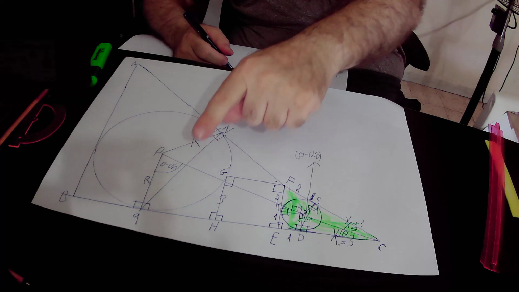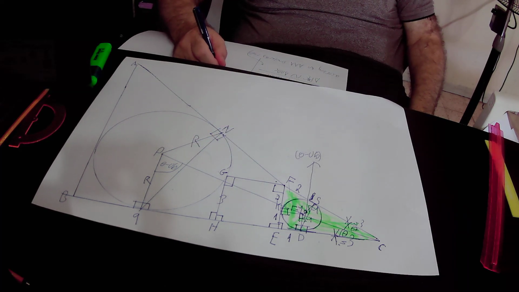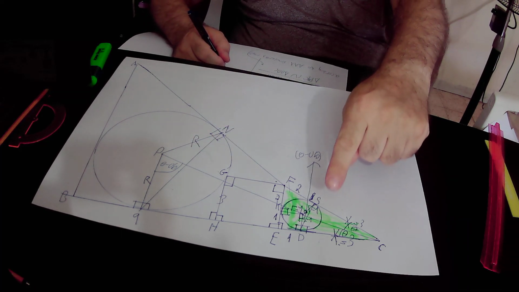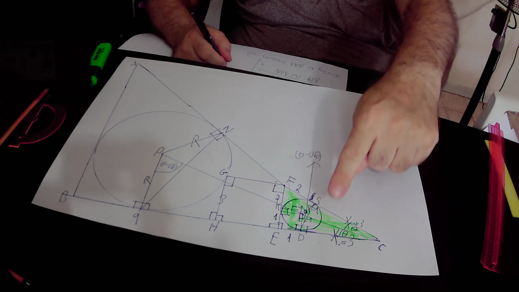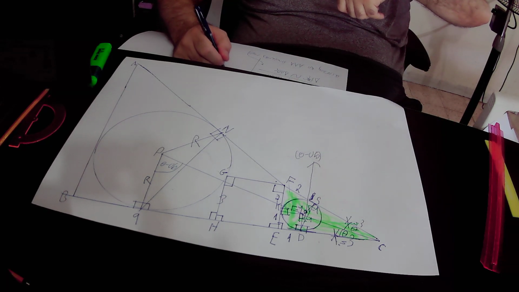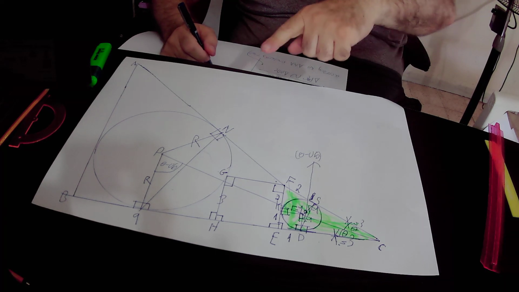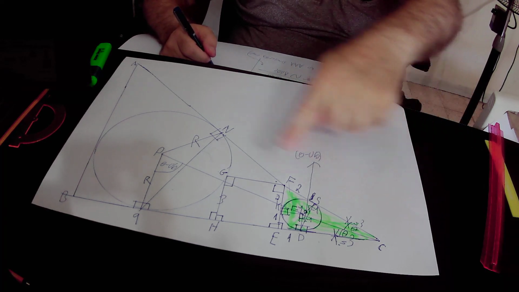PQ equals R, it is the radius of the big circle, over OD equals 1 unit, it is the radius of the small circle, and it is equal to QC. What is the value of QC?